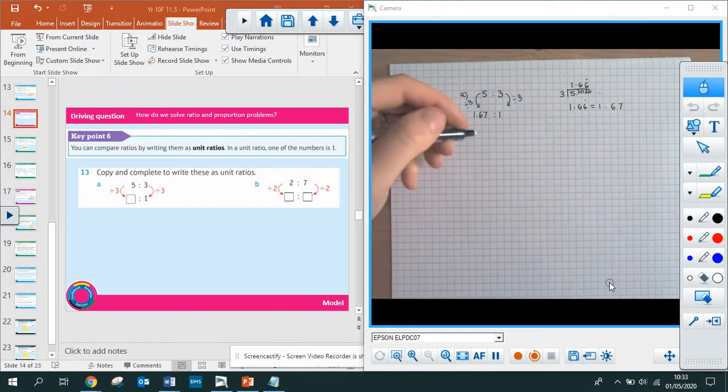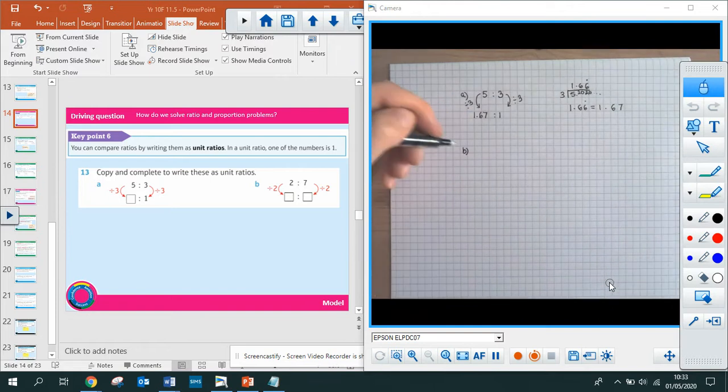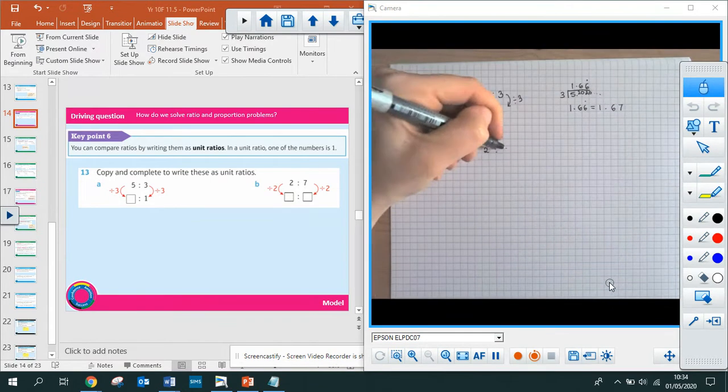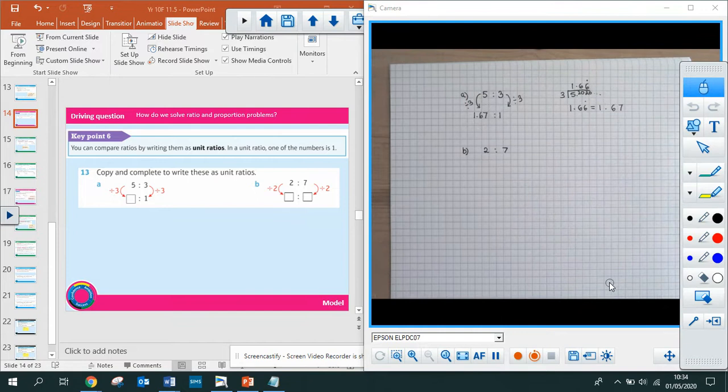Okay, part B. We have got 2 to 7. First question I asked myself, which is the smallest number in that ratio? It's 2. That means I'm going to divide both parts of my ratio by 2 in order to get this to be a unit ratio.